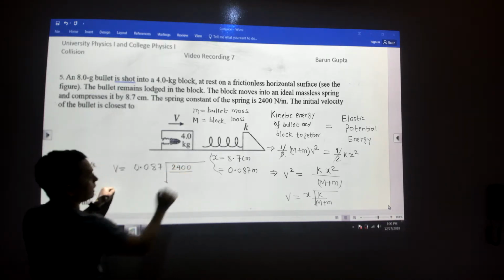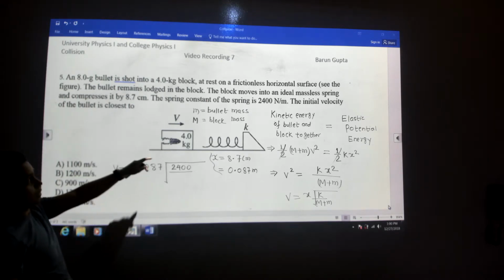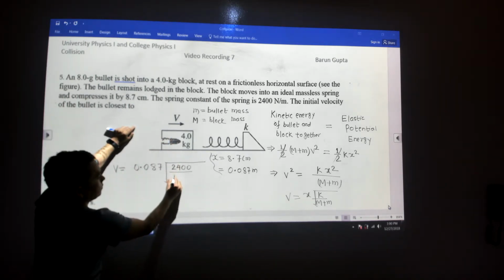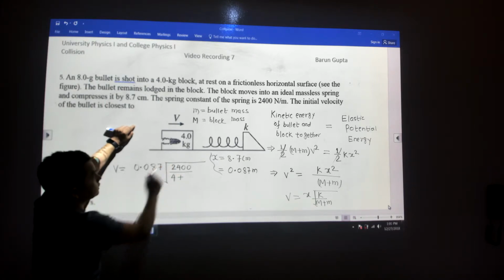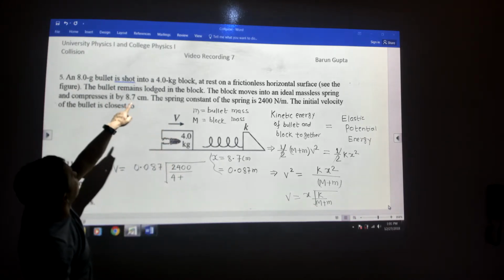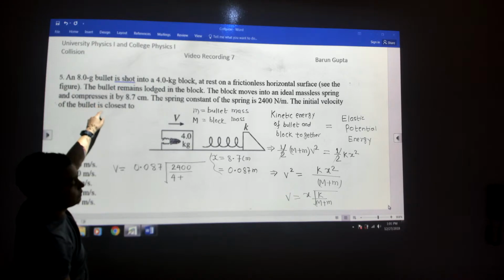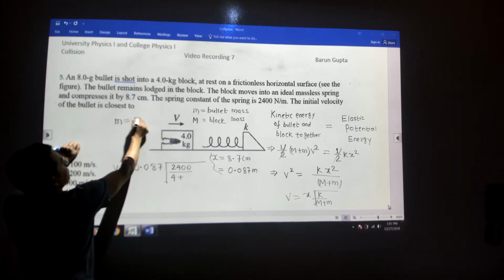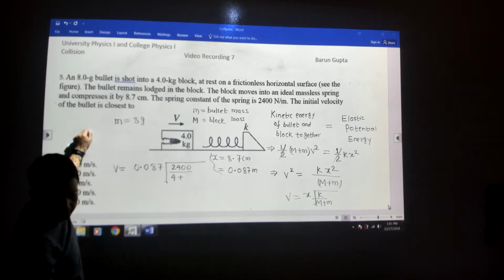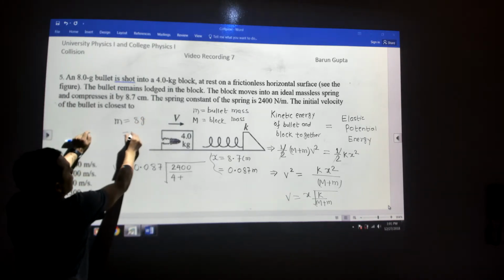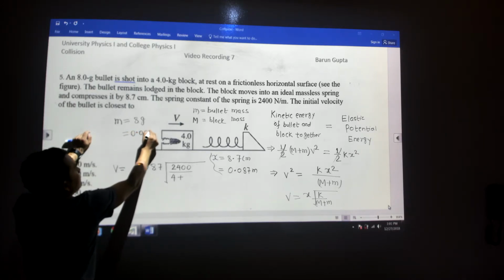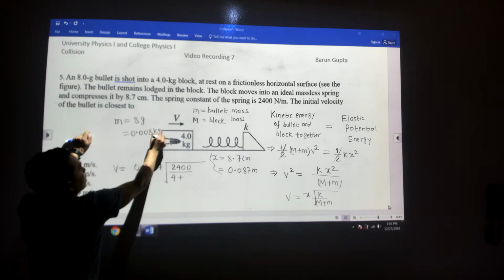The mass of the block is 4 kilogram, and the bullet mass is 8 gram. You need to change this into kilogram. So how do you do that? You just have to divide it by 1000. So this will be 0.008 kilogram.